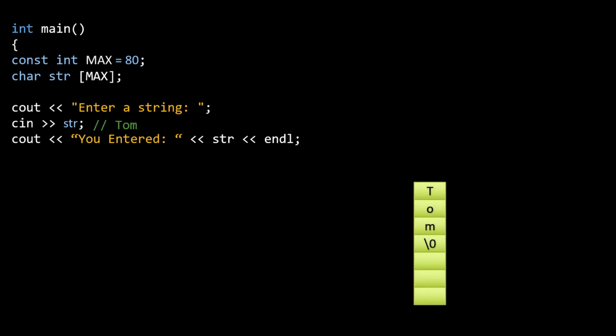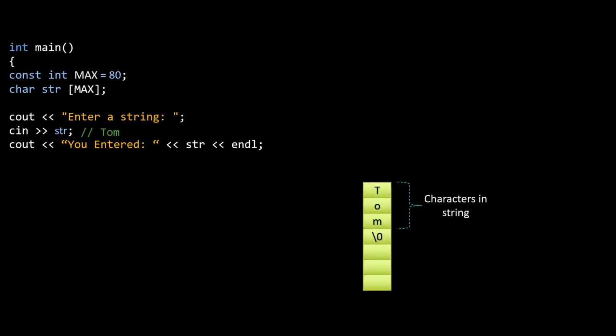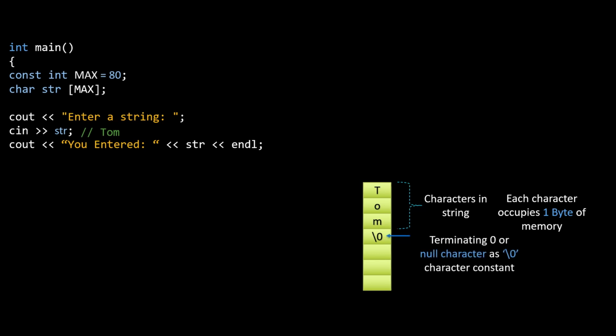I have an array, and each character goes into each element of the array. So these are characters in the string. Each character occupies 1 byte of memory, and this is the terminating 0, or the null character, as a null character constant.